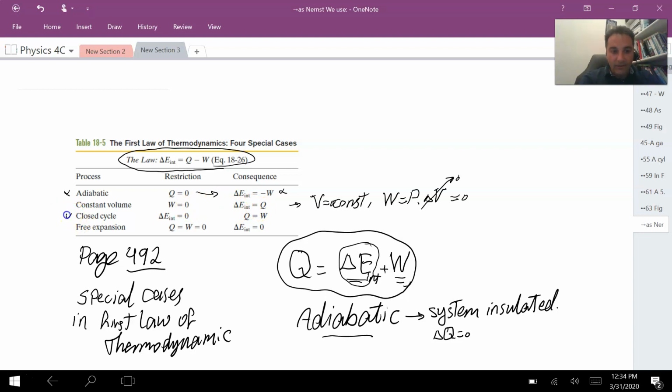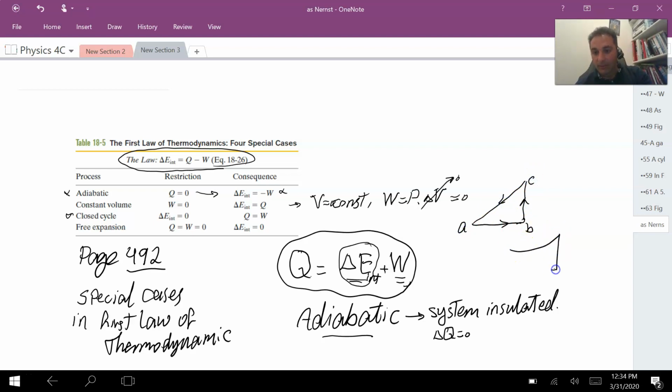The next one is called the closed cycle case. What is the closed cycle case? Any cycle that you see, they are closed. They are process A, B, C. Maybe some of them are like this.